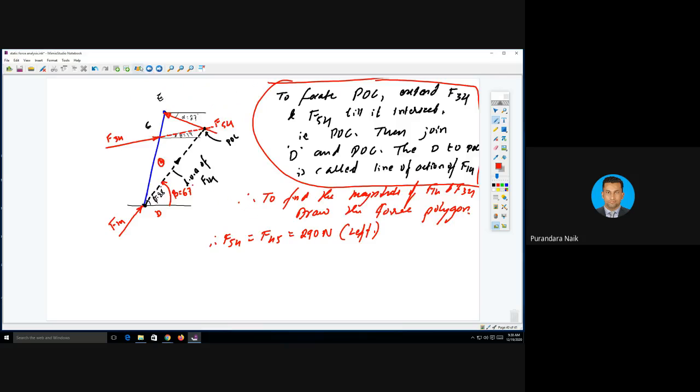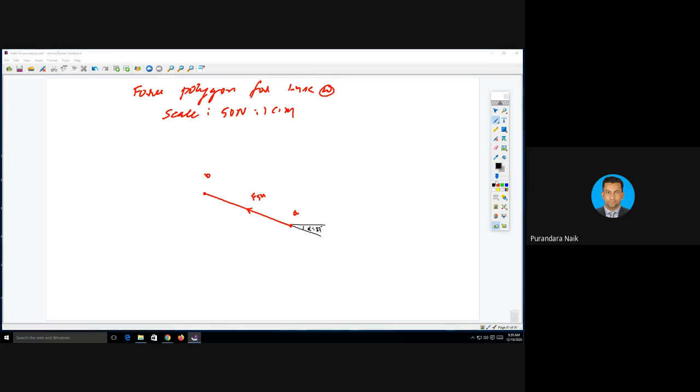What next? F34. F34 is at an angle of 17 to the reference line. You need to draw the reference line which is parallel to this line, a horizontal line. So 17 degree will be somewhere here.